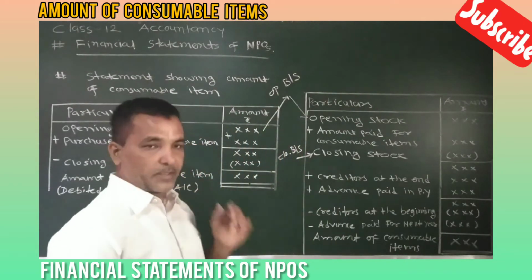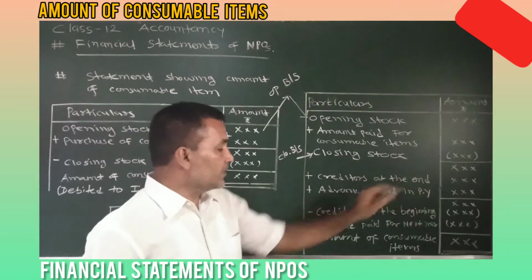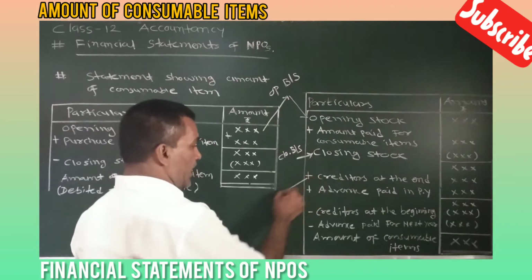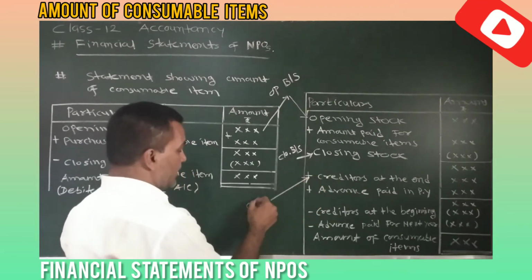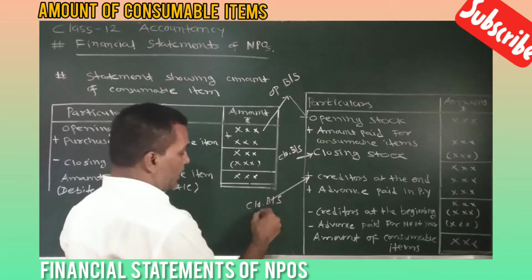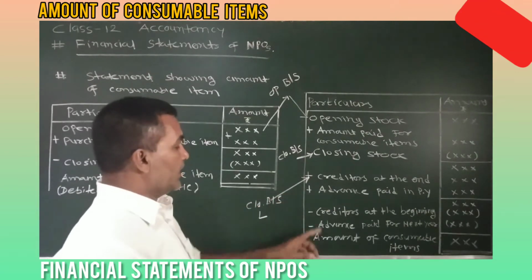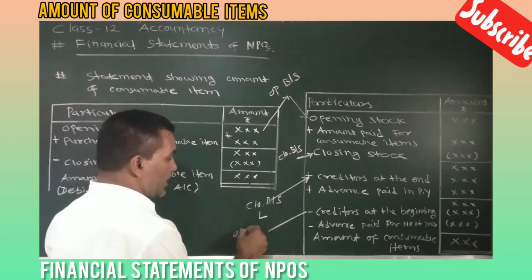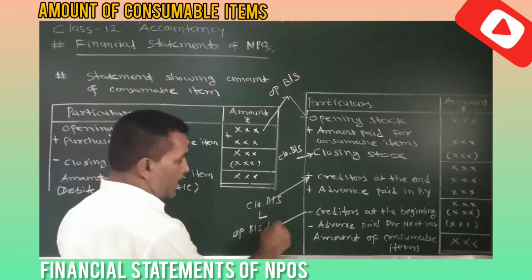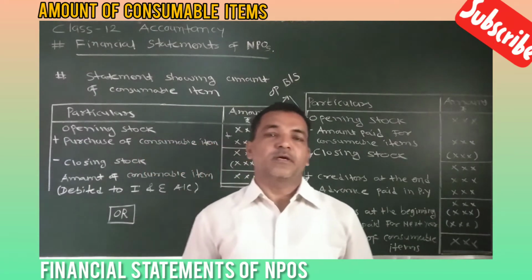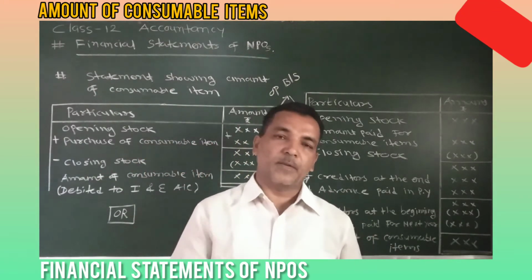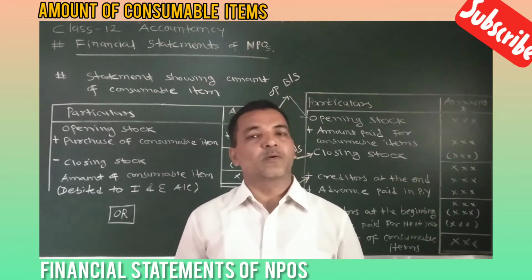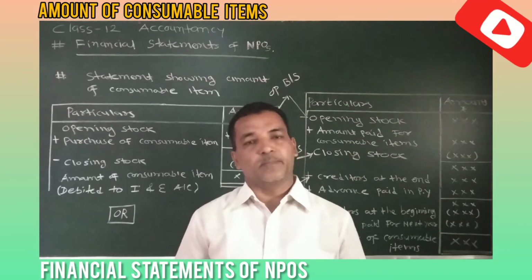If you are given the creditors at the end and creditors at the beginning, so creditors given at the end will be written in closing balance sheet liability side, and creditors at the beginning you will write in opening balance sheet liability side. So closing creditors will go in closing balance sheet liability side.